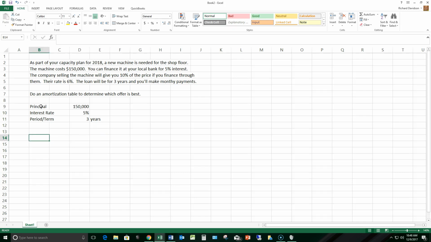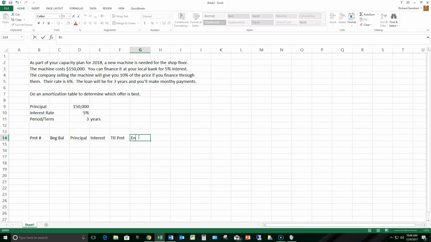For any amortization table, we're going to have our payment number, we're going to have our beginning balance, we're going to have our principal, we're going to have our interest, we're going to have our total payment. Total payment, remember, is simply the sum of the principal payment and the interest payment.